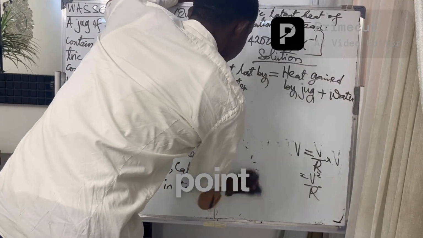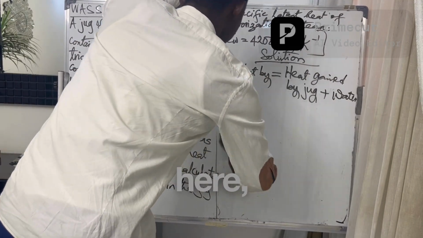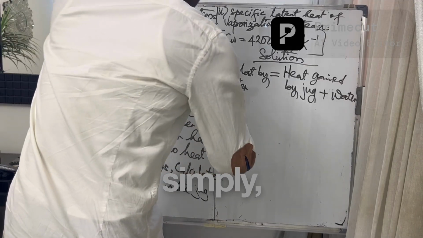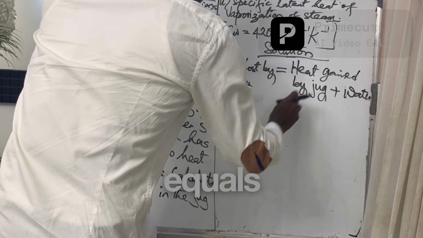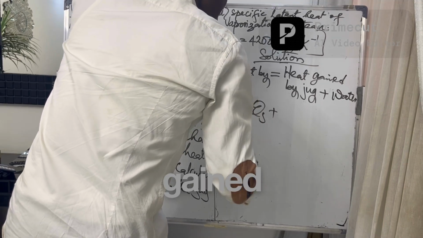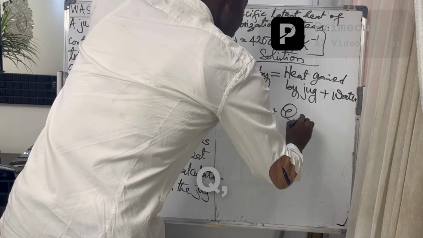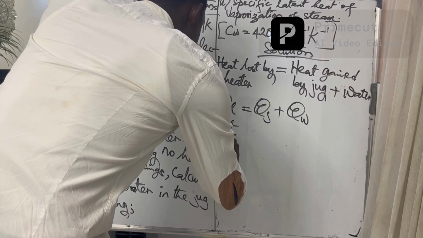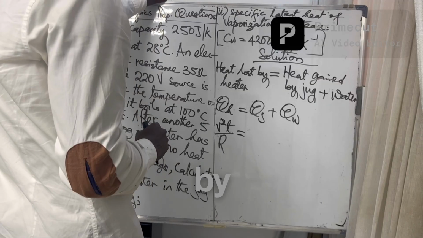So at this point here, the heat energy lost by the heater, QH, equals the heat gained by the jug, QJ, plus the heat gained by water, QW. There is V squared T over R. Now then heat gained by jug.